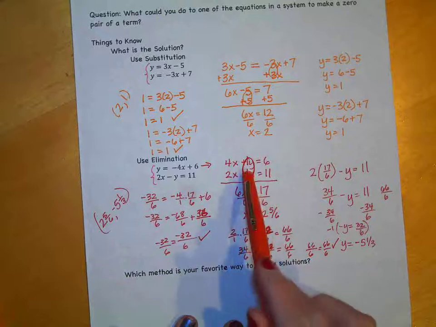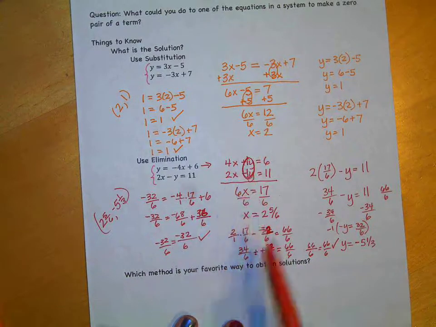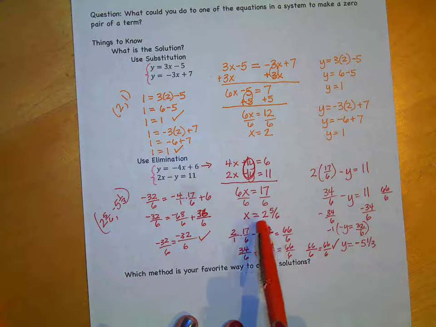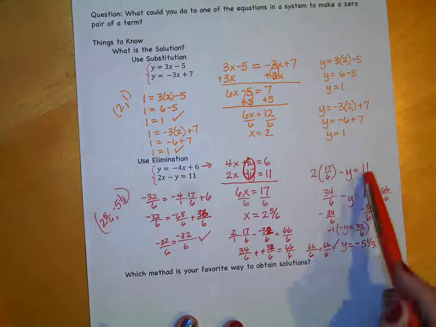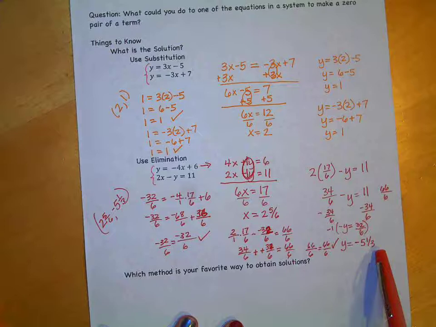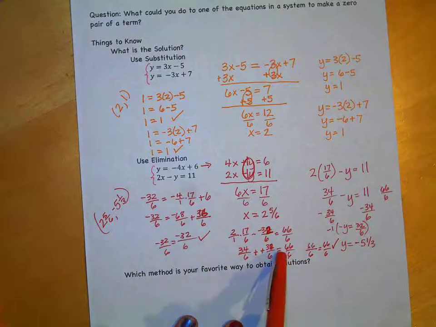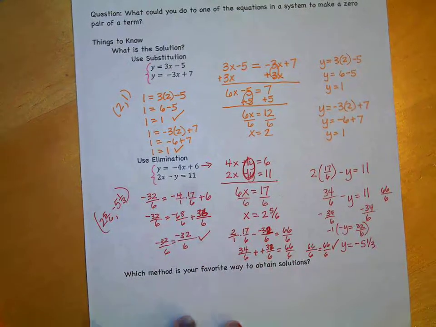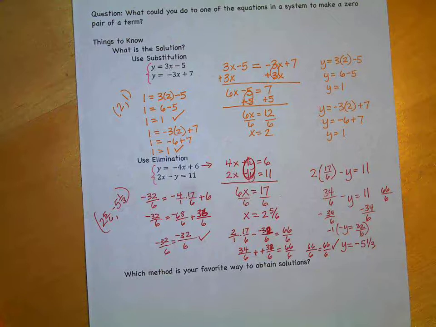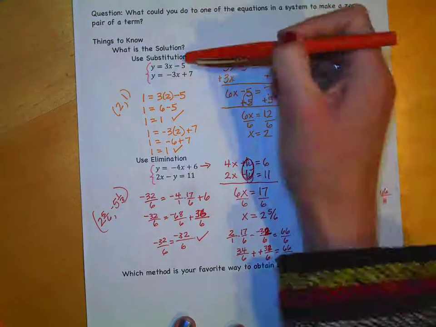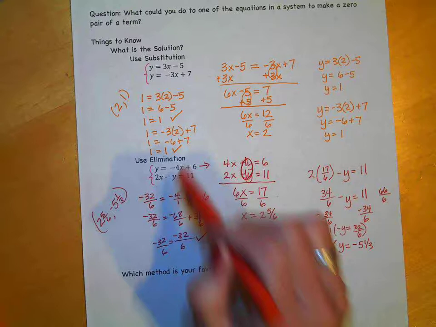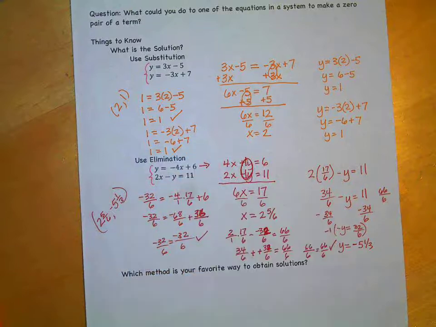So elimination, what did we do? We found the term that can be eliminated so that we can focus on one variable at a time. You find that variable, then you plug it back in, and you find your other variable. You check it to see if it balances and it's equal, and that's what identifies your point of intersection. Okay? So using substitution this way, using elimination this way.